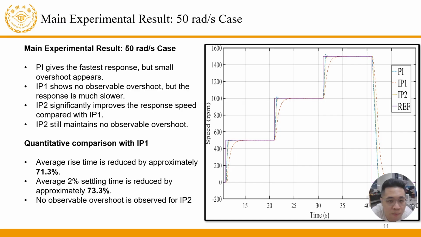In terms of performance, IP2 reduced the rise time by about 70%, and also reduced the settling time by a similar amount. So IP2 achieved both fast response and low overshoot.